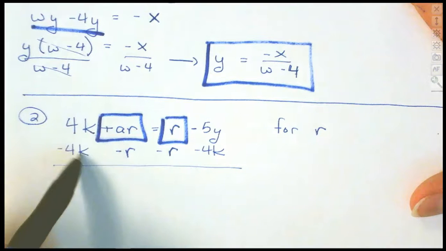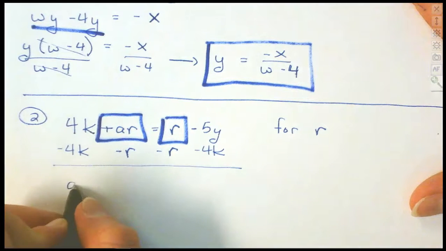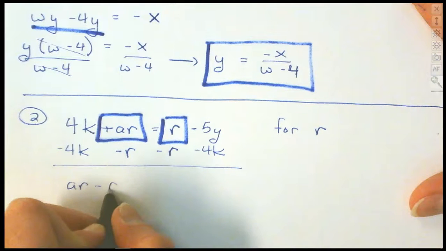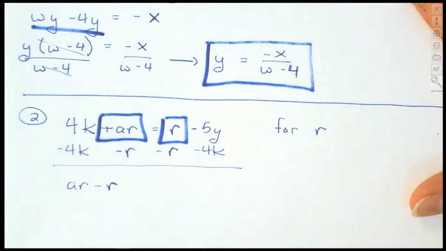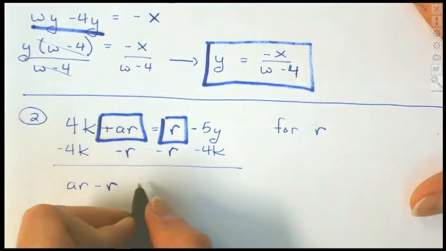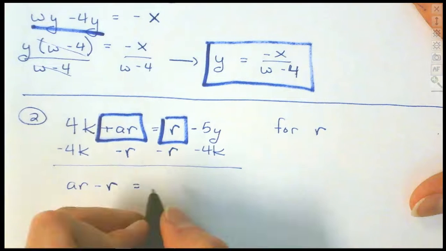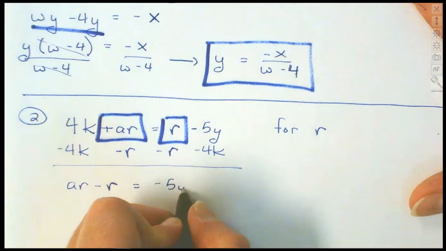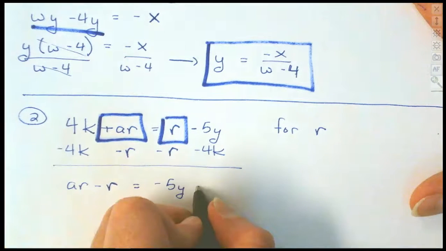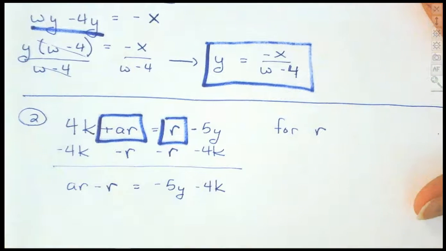The 4k's can cancel, and so now you're left with AR minus R on the left. On the right-hand side, you've got minus 5y and a minus 4k.